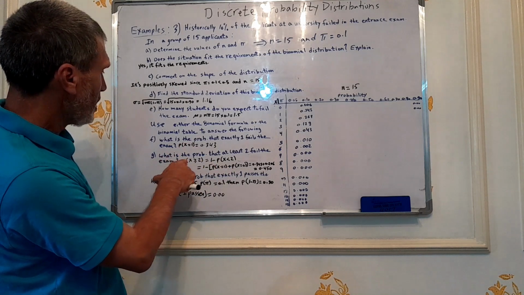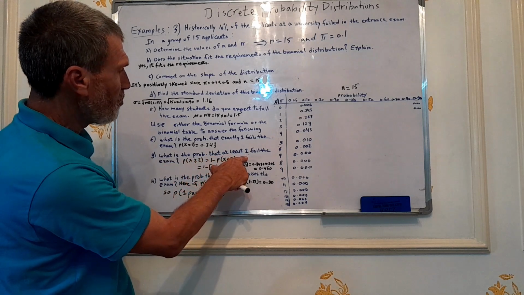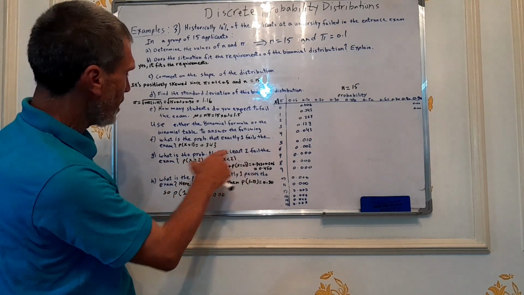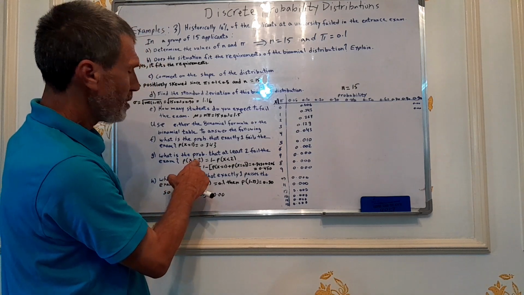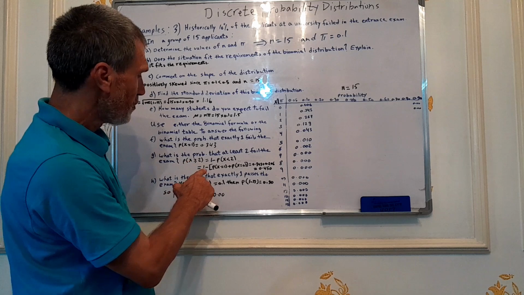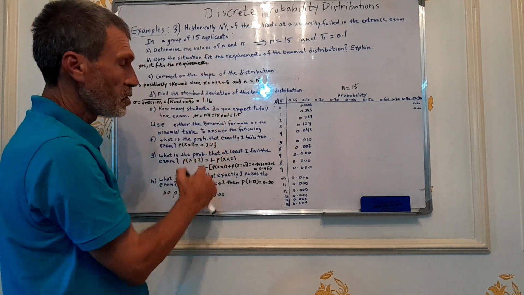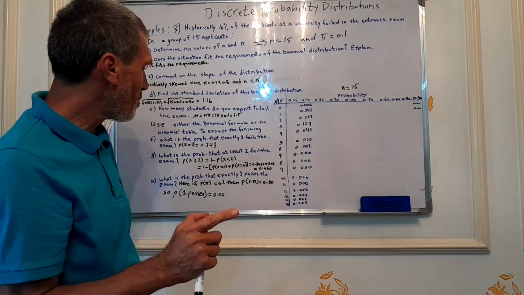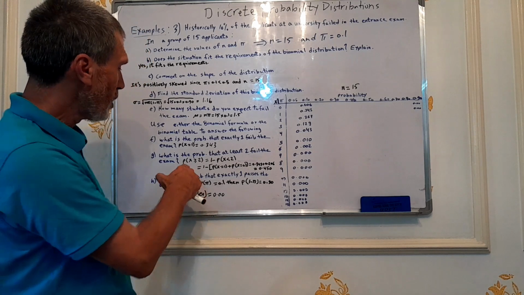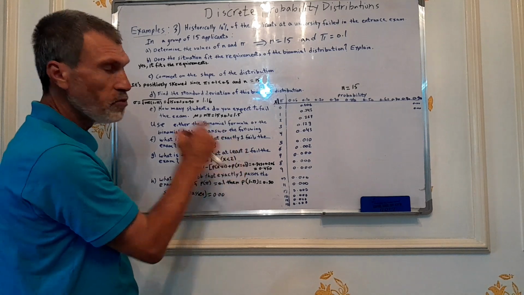G, what is the probability that at least two fail the exam? Of course, probability of x greater than or equal to 2. Here we have 15, so it's better and easier to use the complement in order to calculate the probability of at least two failures.